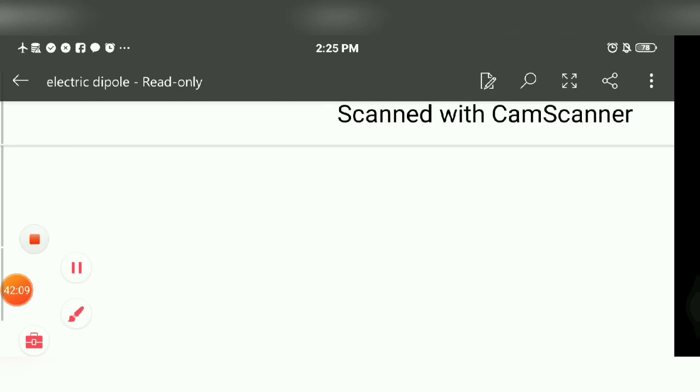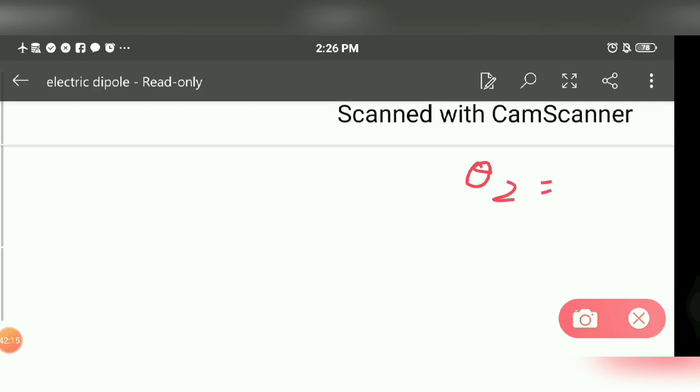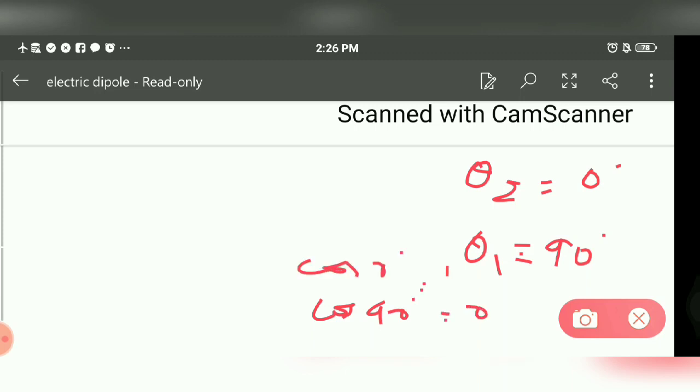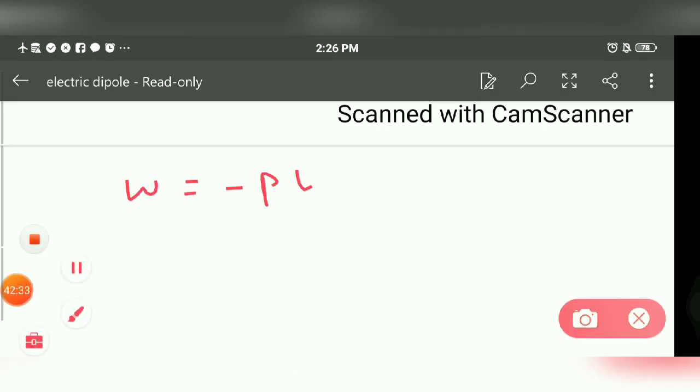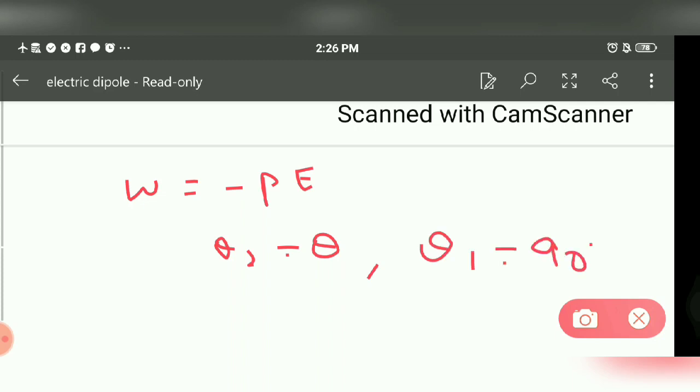So we get here, if we consider theta 2 to be 0 and theta 1 to be 90, as cos 90 is 0 and cos 0 is 1, we get W equals minus P E. Or we can say if we consider theta 2 to be theta and theta 1 to be 90, then W equals minus P E cos theta, minus cos 90 which is 0.